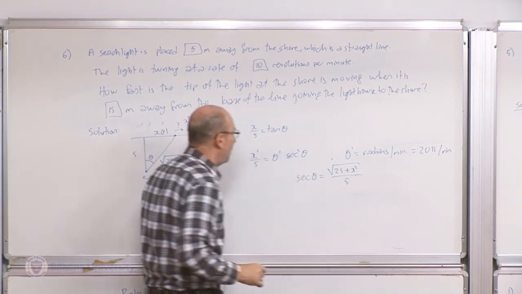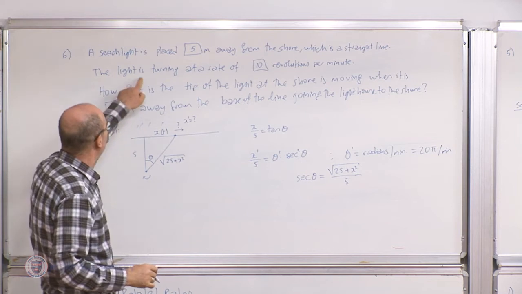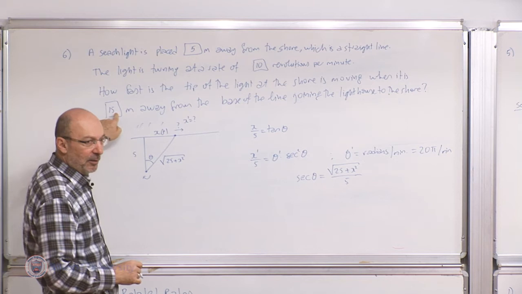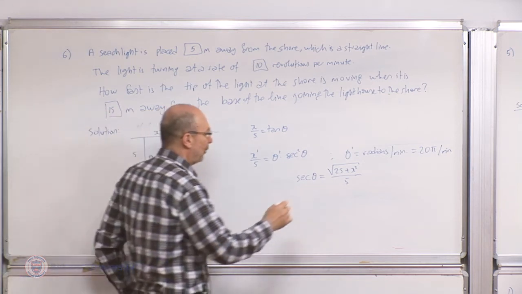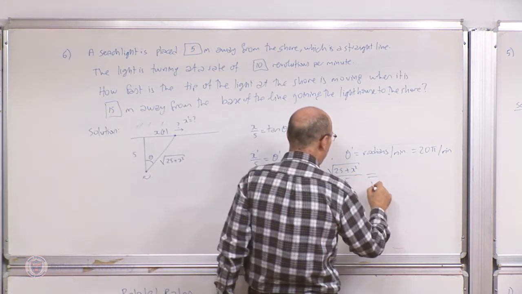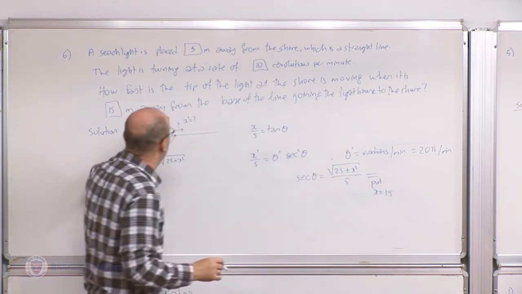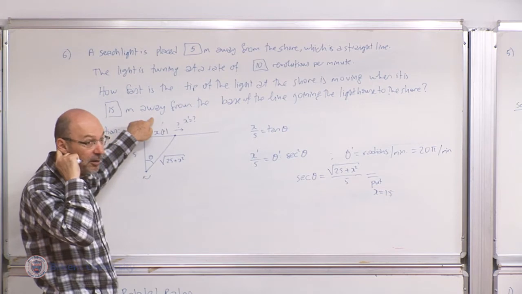Okay, so we want to calculate this when it is 50 meters away. So x is 15. Put x equals 15, because that's when we want to calculate this.